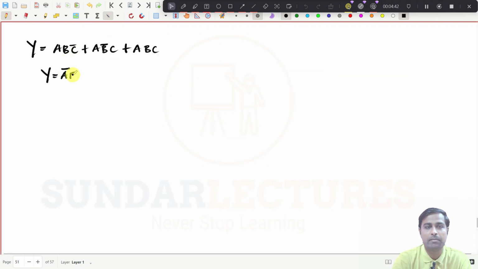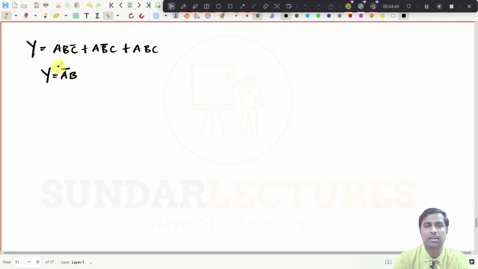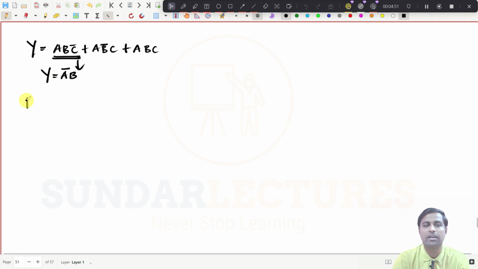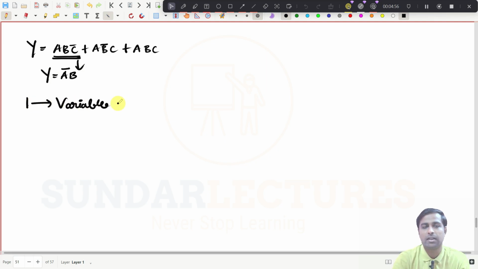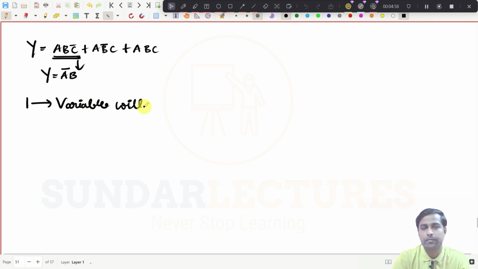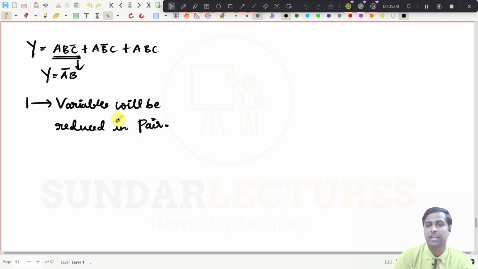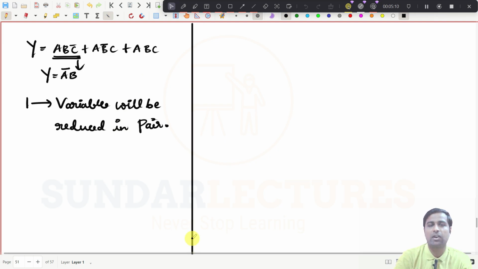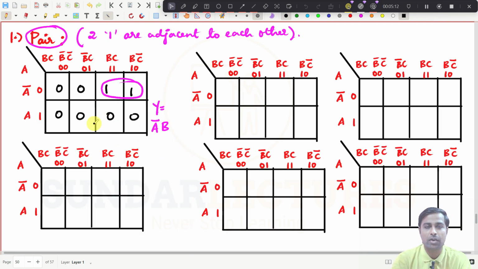So what we are actually doing is reducing three variables to one variable. So one variable will be reduced in a pair. That is the idea. These are all ideas, right? So now this is how you need to write the values, right?